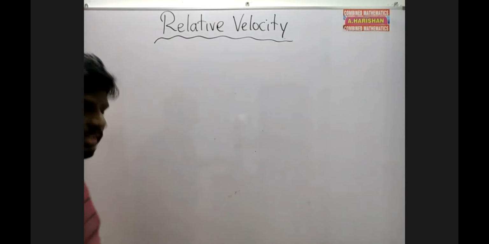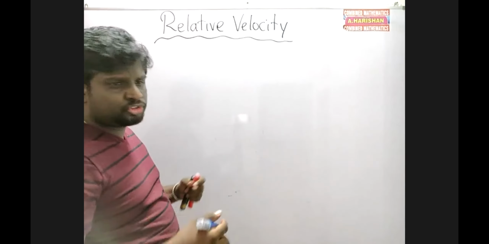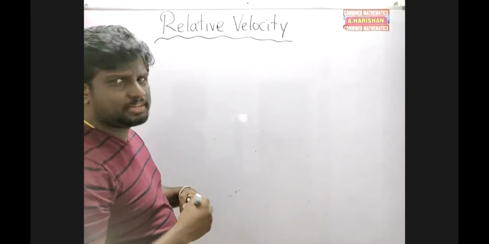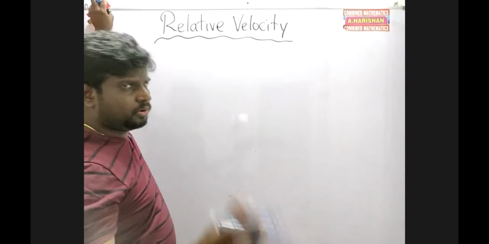Right, here, very important thing, relative velocity. How to stop, how to make a frame, you know that I'm not going to explain that, but I will explain by just drawing a diagram, but don't copy that.